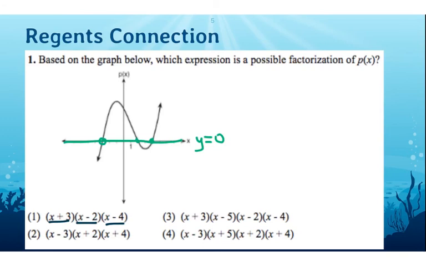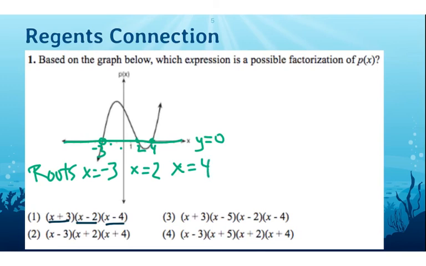This looks like negative 3, this looks like 2, and I think that's 4. So my roots would be x equals negative 3, x equals 2, and x equals 4.